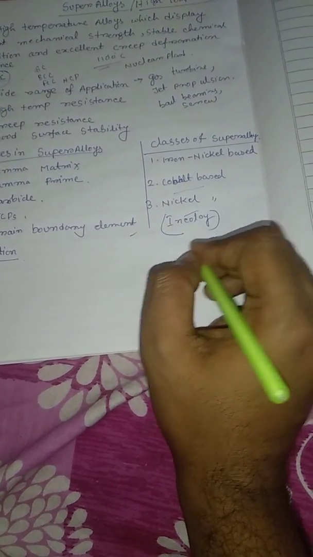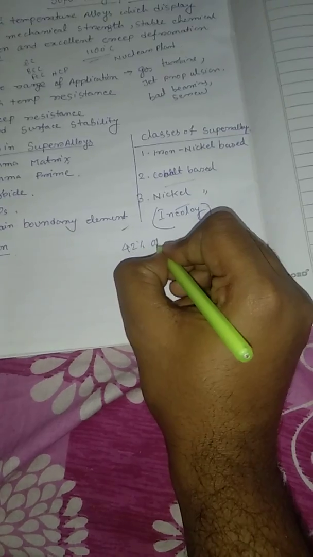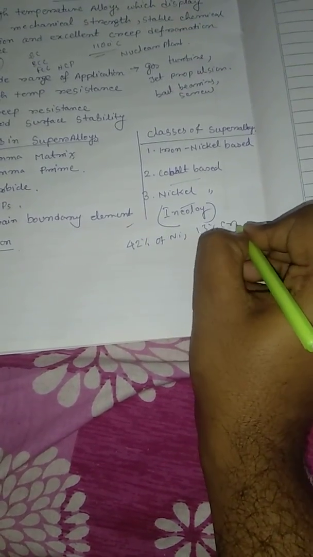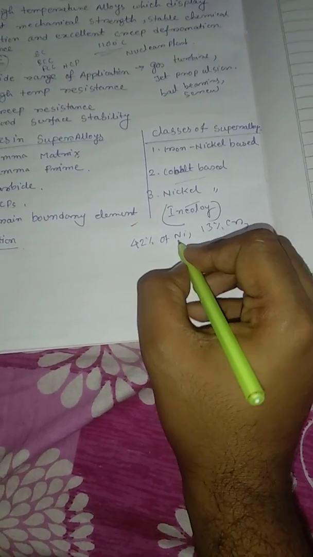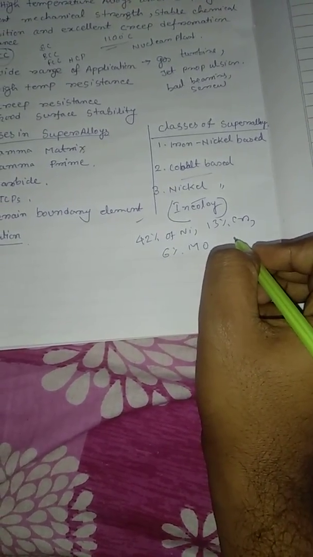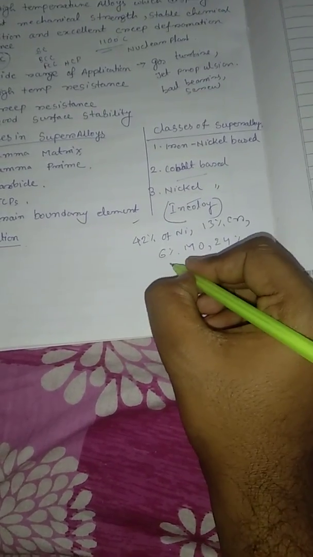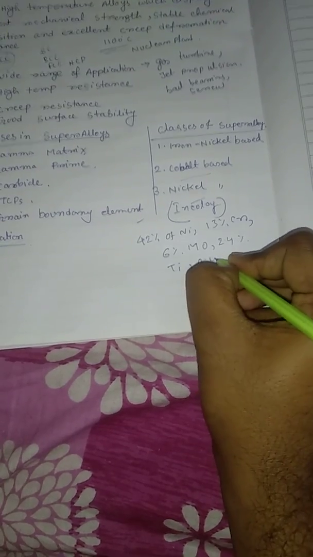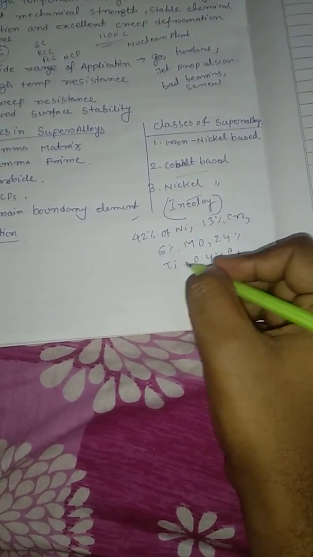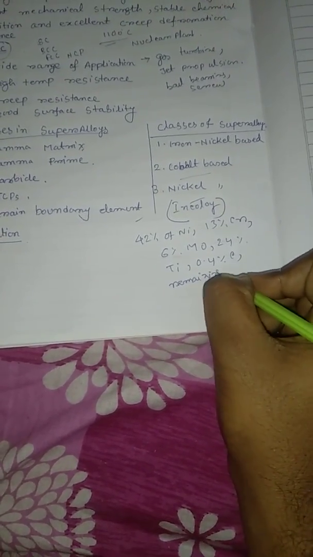The Incoloy basically consists of 42% nickel, 13% chromium, and 6% molybdenum, as well as 2.4% titanium and 0.4% carbon, and the remaining is iron.